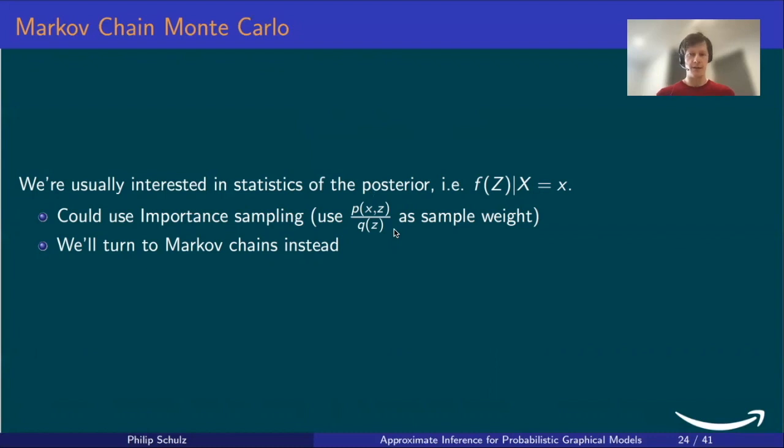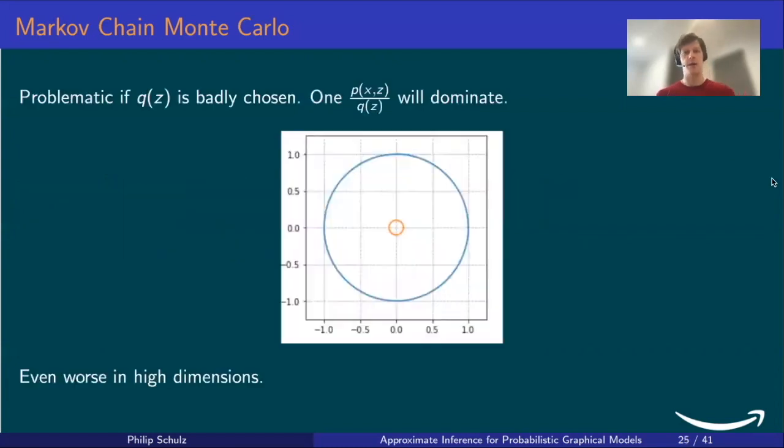However, there are several problems with that technique, and that's why we'll actually add on Markov chains to the Monte Carlo methods. But let's first review the problems that we have when we're just using these weights, either to compute the density, the marginal of P(x), or in order to weight samples. Well, the problem is basically the following. Again, just as in variational inference, Q of Z might be badly chosen. And if that is the case, the weights will be very far apart.